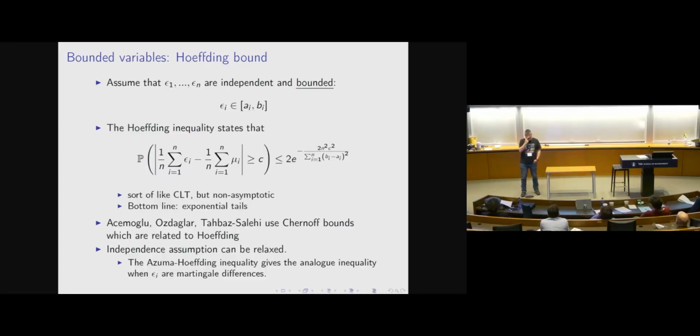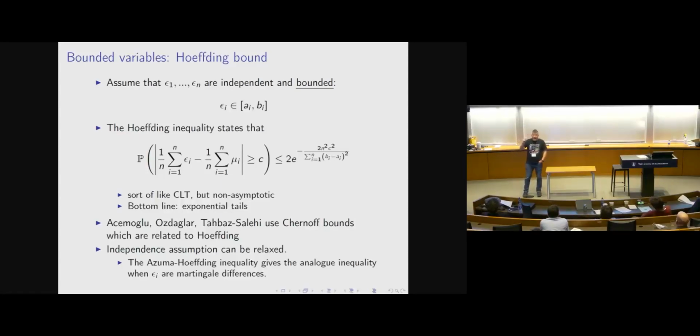Now let's ask a slightly more general question, which is kind of cool. It's the Hoeffding bound. Alireza used a version of this in his paper for n going to infinity, or a version called Chernoff bounds.